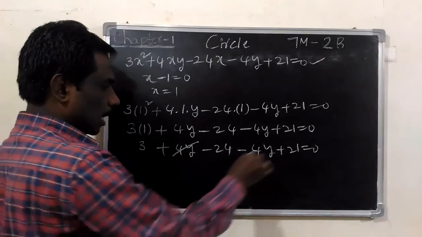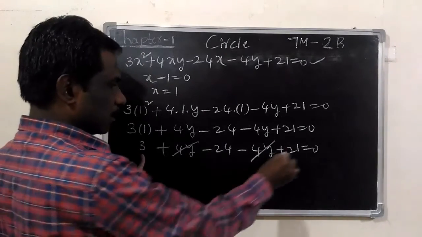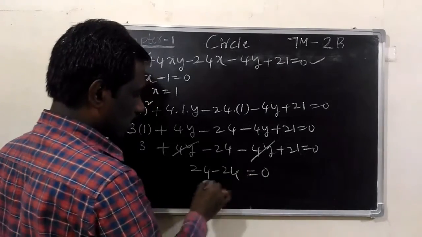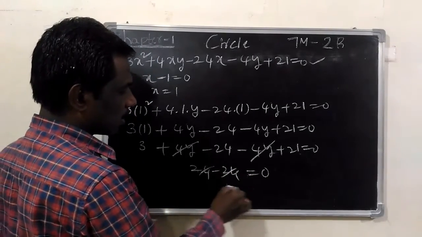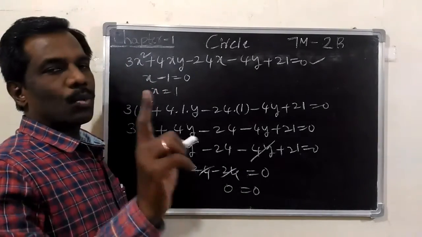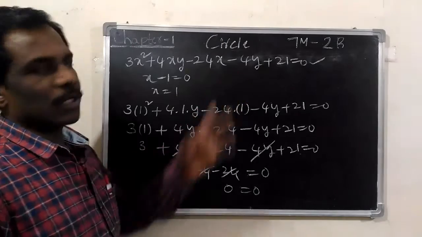This plus 4y minus 4y gets cancelled. So 3 plus 21 is 24, and it is minus 24 equal to 0. So 24 minus 24 is 0 equal to 0. So this x minus 1 is one of the factors for this equation.